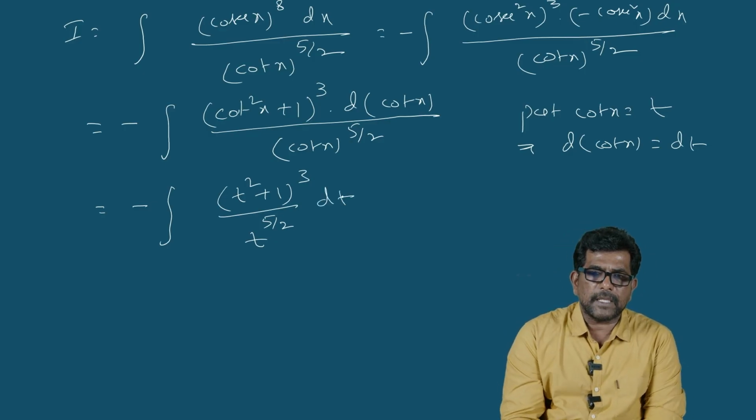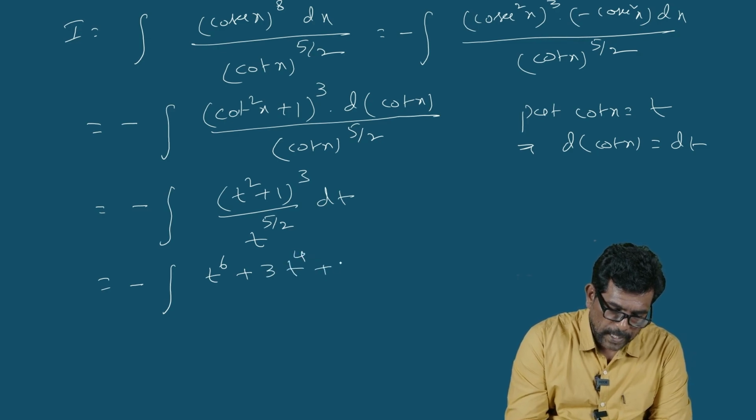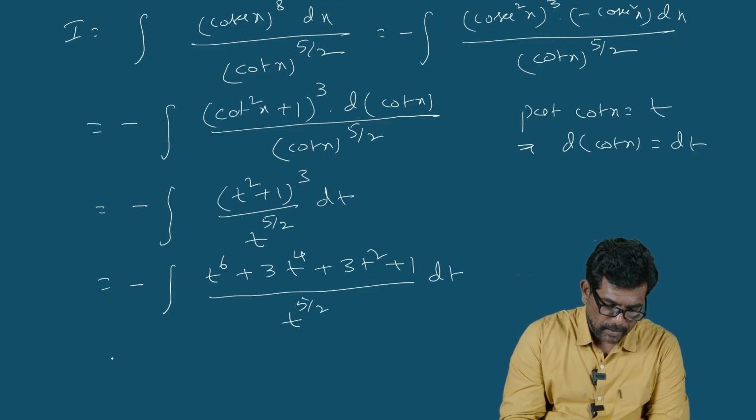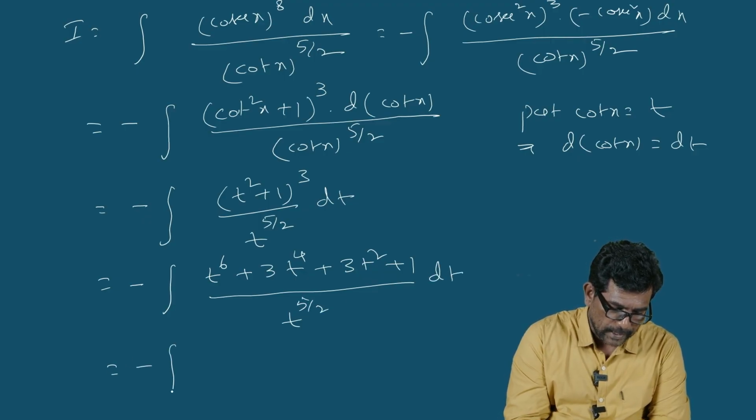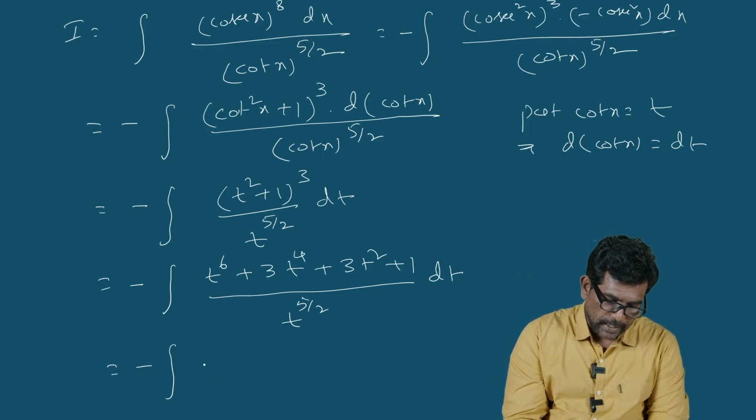Now I am expanding the numerator expression, that is minus integral (t^6 plus 3t^4 plus 3t square plus 1) upon t^(5/2) dt.